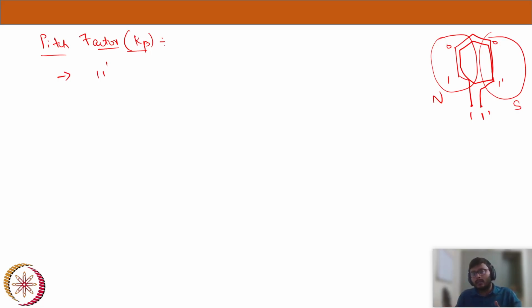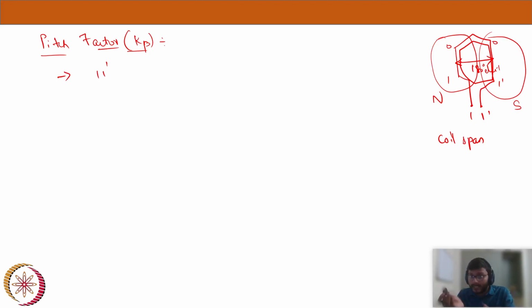That's the reason behind placing one end and the other end in two different poles. We know that the north and south poles are displaced by 180 degrees, so the span of each coil will be 180 degrees electrical. That is what we call the coil span, the span over which my coil has spread. A coil span should be 180 degrees, so that only then we will get maximum voltage as an output.